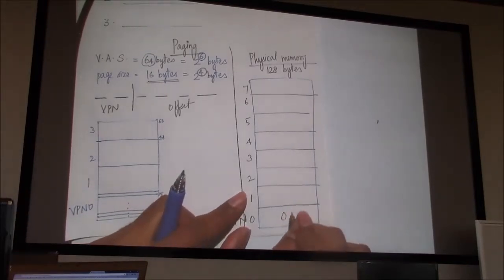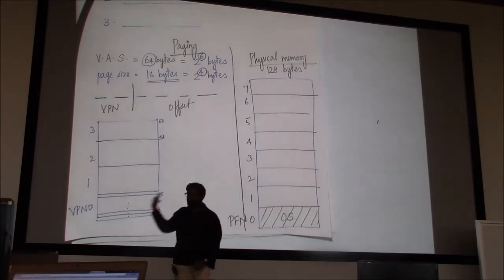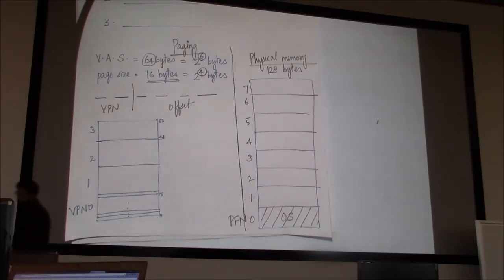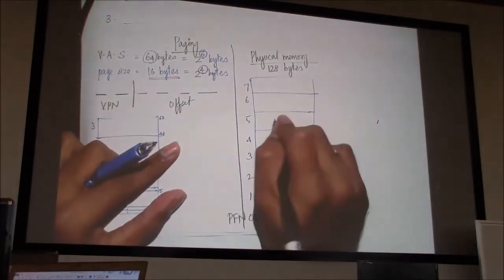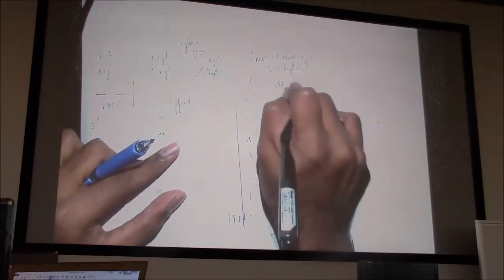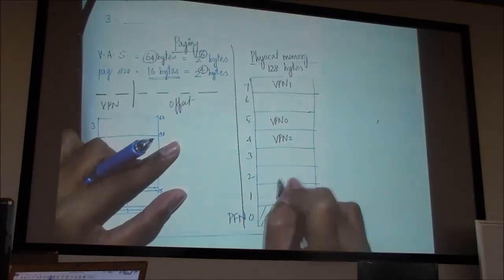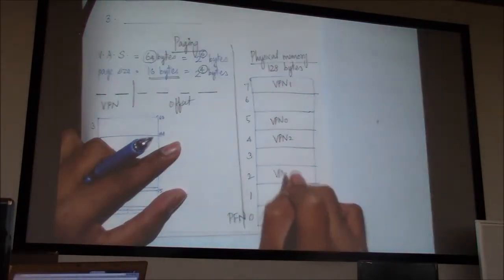For example, page 0 will be reserved by the operating system. Now the operating system can place these 4 virtual pages anywhere in the physical memory. So VPN 0 can come here, VPN 1 can be here, VPN 2, and let's say VPN 3.